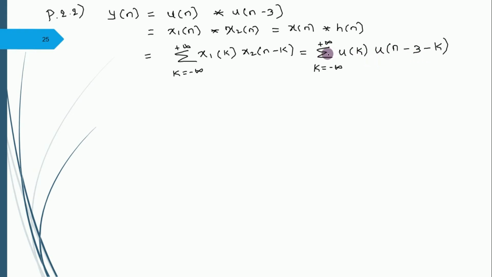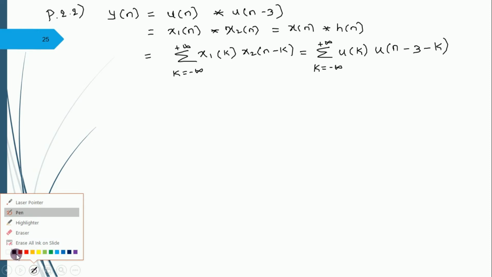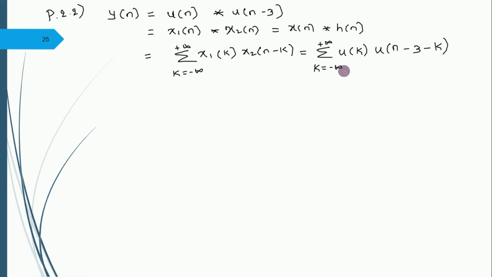So there are two equations here and there is a summation. In this case, what we are supposed to do, that is what we need to identify. Please listen carefully. If you understand this concept, you will definitely understand the whole lot of convolution sums. I am telling you a very important thing now. We have to decide the limits, lower limit and higher limit. Always remember, u of k extends from 0 to plus infinity. You know it. U of k, I write it here. U of k will look like this, amplitude 1.